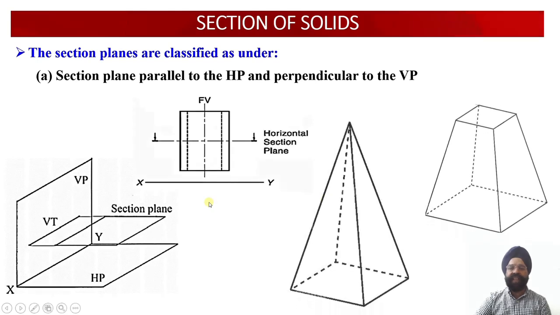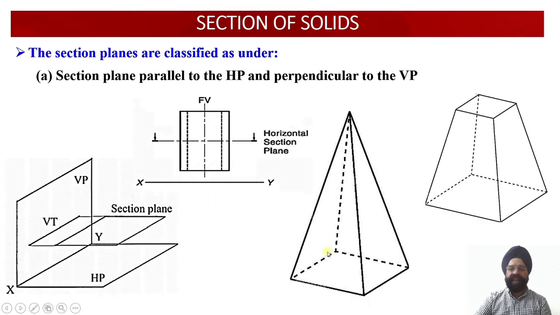So here we have another example. You can see here we have a square pyramid which has been cut again by a horizontal section plane. Once again you can see that the cut section which we have obtained is parallel to the HP, or the base of the solid.